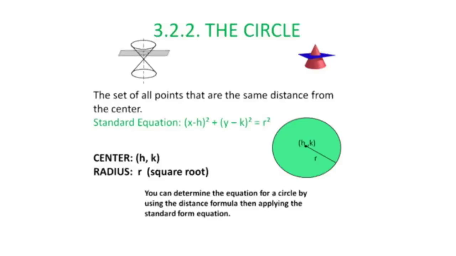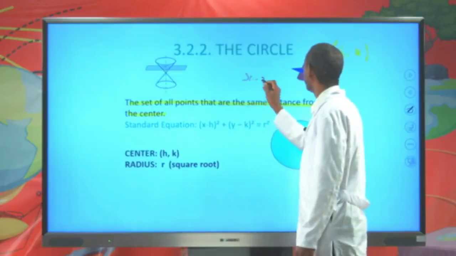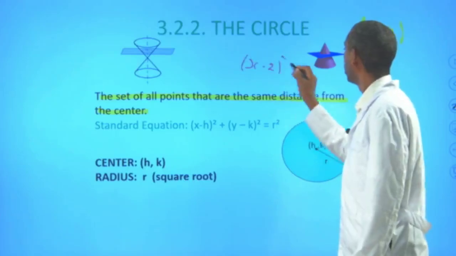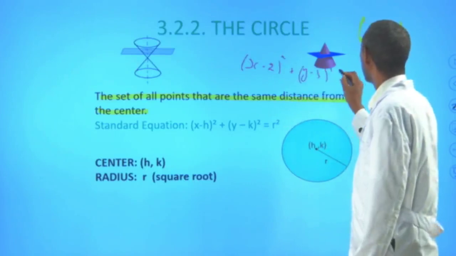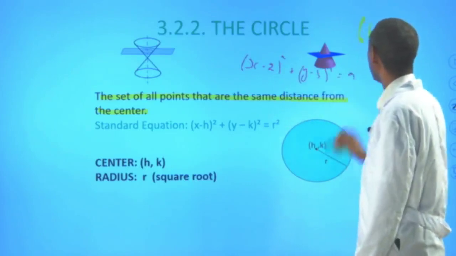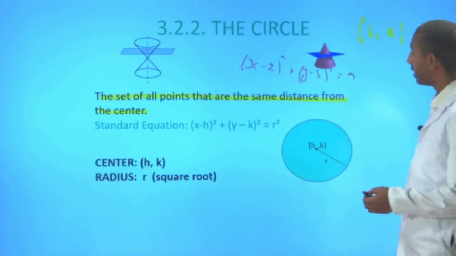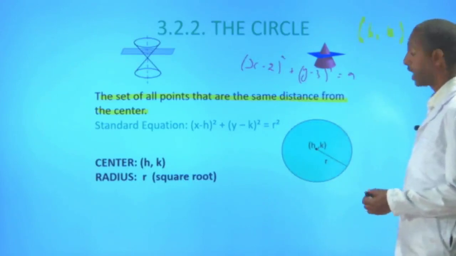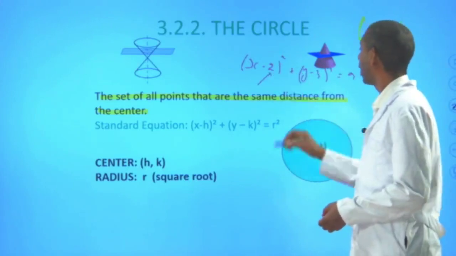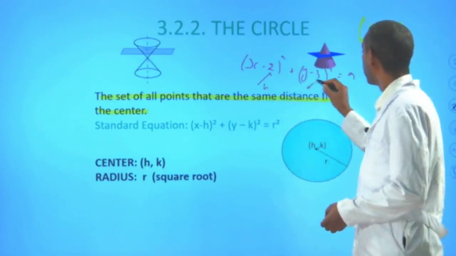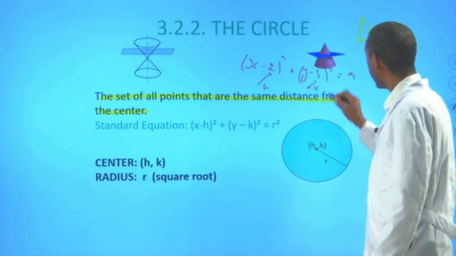If I have this equation, (x minus 2) squared plus (y minus 3) squared is equal to 9, and you are asked to find the center and the radius of the circle, what we are going to do is, this is h, and you may represent this as k.